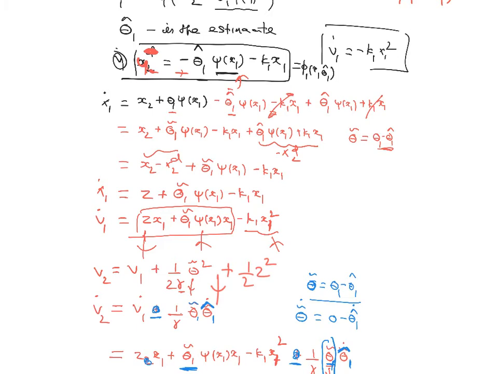Here I could have just done it in one shot, z dot, and come up with one theta hat dot, rather than two theta hat dots at two different steps. It's the game of the adaptation rate. That gamma you can choose now, how fast you want things to converge.